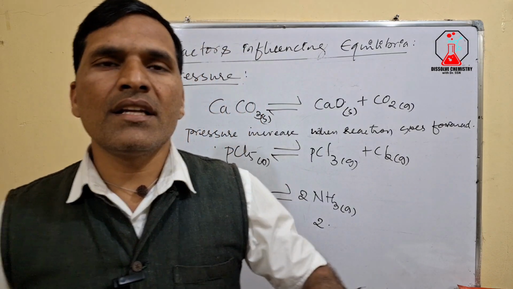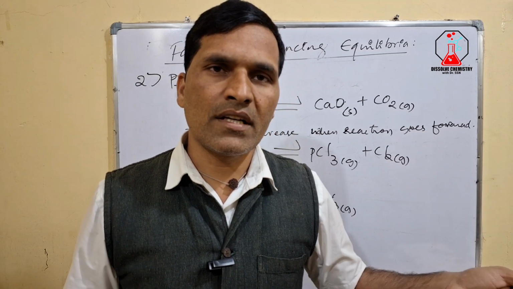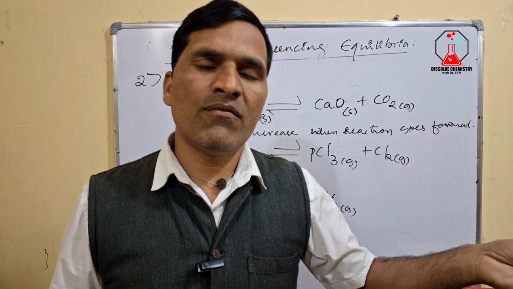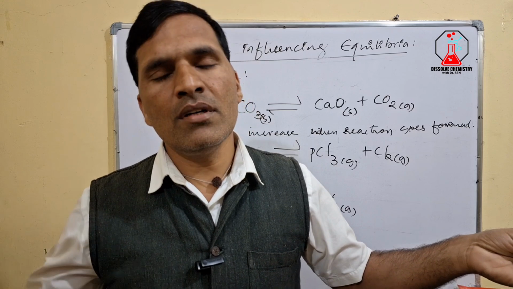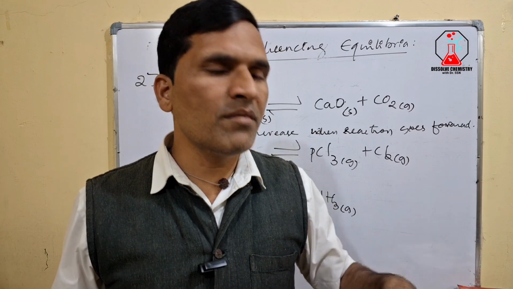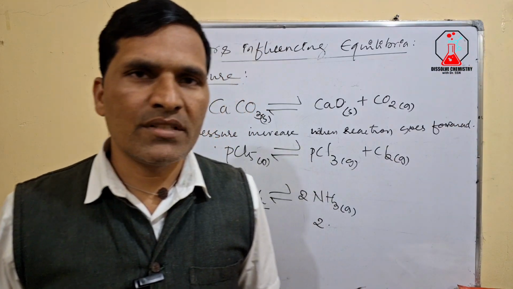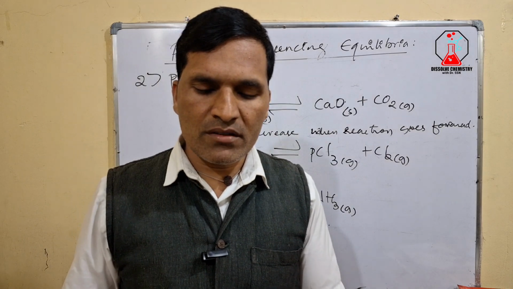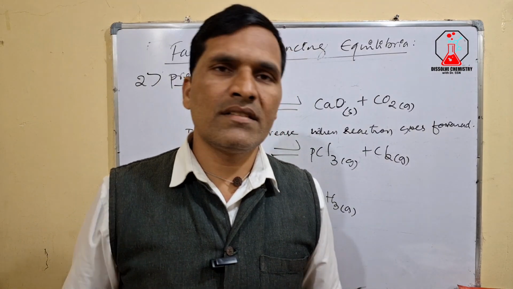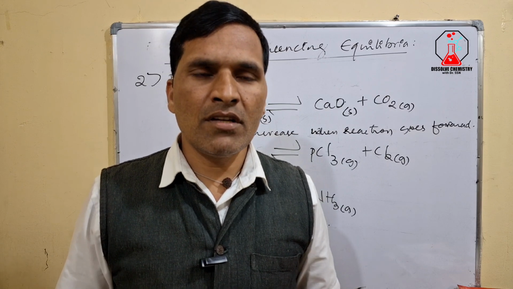Whenever the pressure increases when the reaction is in the forward direction, or the formed products are gaseous with more gaseous molecules compared to reactants, then the equilibrium will always shift in the forward direction by decreasing the pressure. And if the number of molecules of gaseous reactants and products are the same, there is no effect of the pressure on the equilibrium.